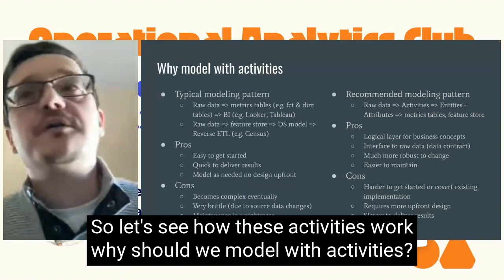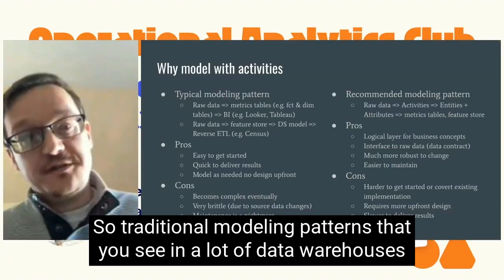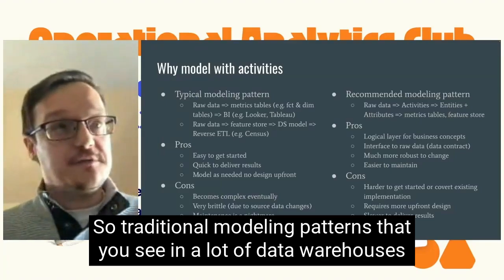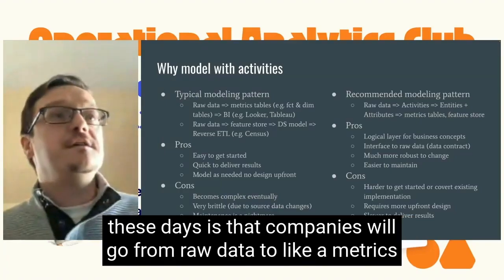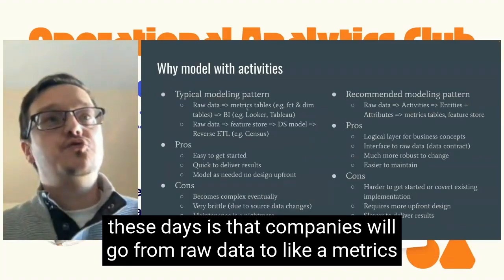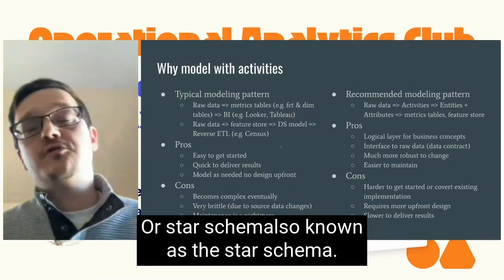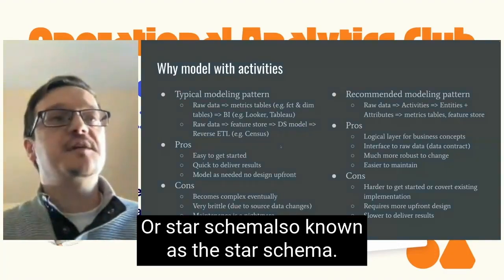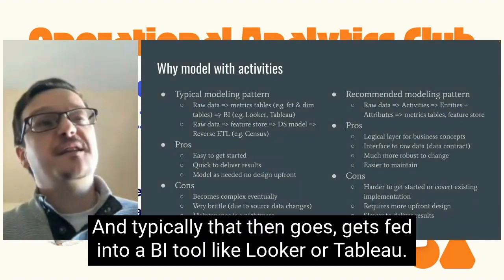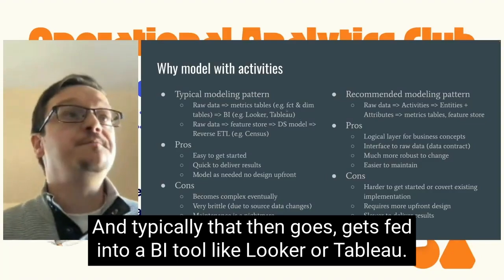Why should we model with activities? So traditional modeling patterns that you see in a lot of data warehouses these days is that companies will go from raw data to a metrics table, like facts and dimensions, or star schema. And typically that then gets fed into a BI tool like Looker or Tableau.